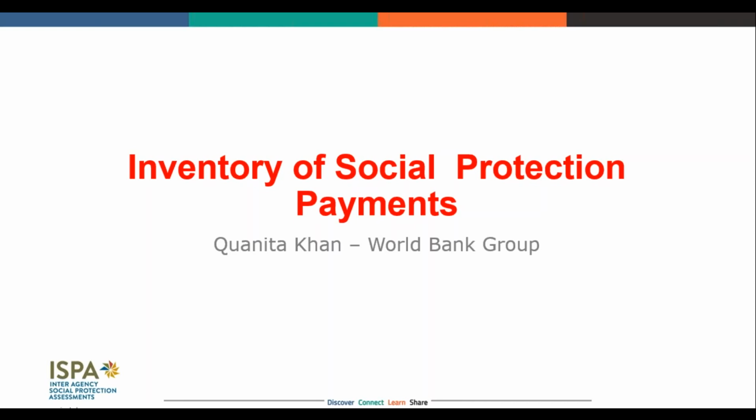For example, from one program that we were looking at in Kenya, in very remote areas, we saw very different feedback from recipients with regard to receiving their money either in cash, receiving it on bank cards, or receiving it into their mobile wallet.